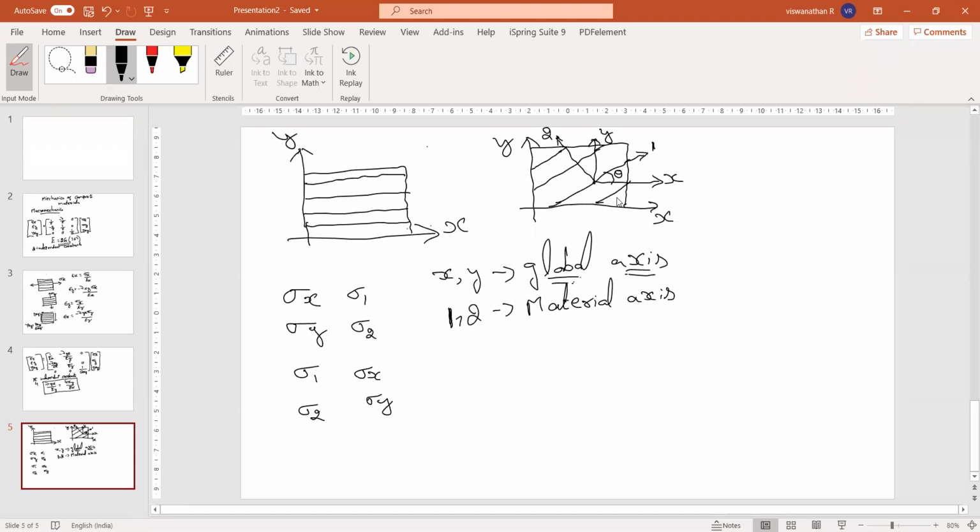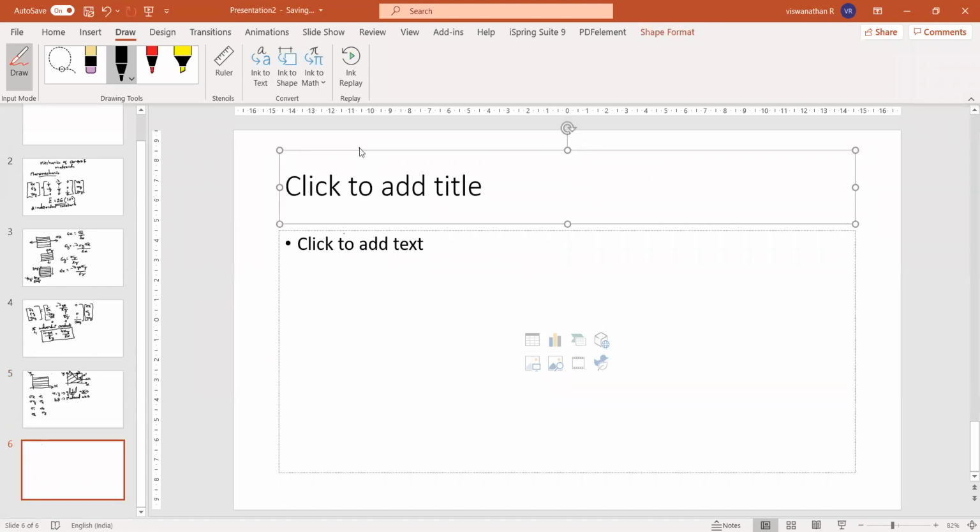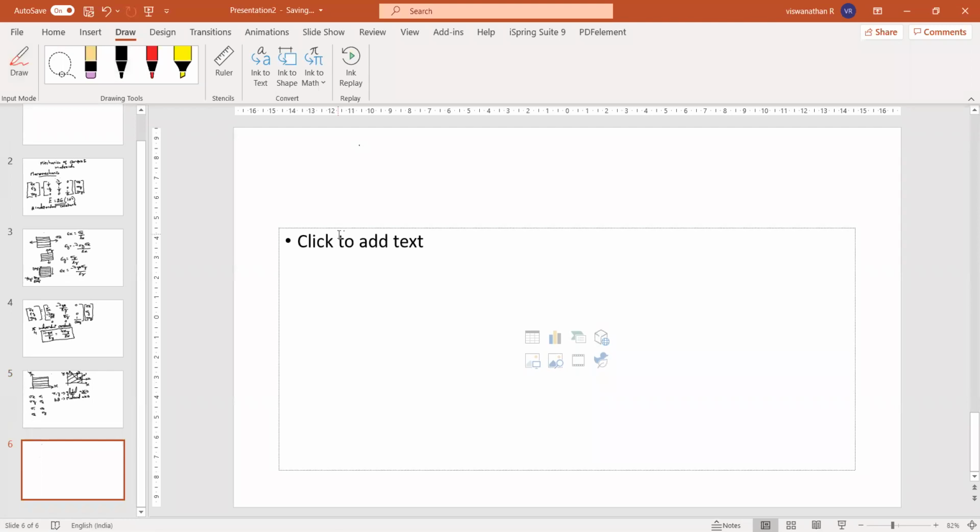So what do you call that? Transformation, stress transformation. Have you heard of stress transformation? No, sir. No? Okay. Fine, no problem.